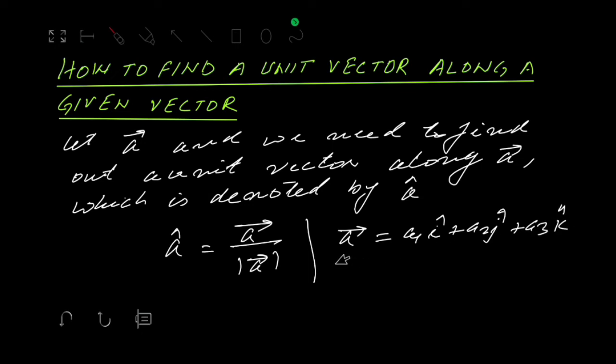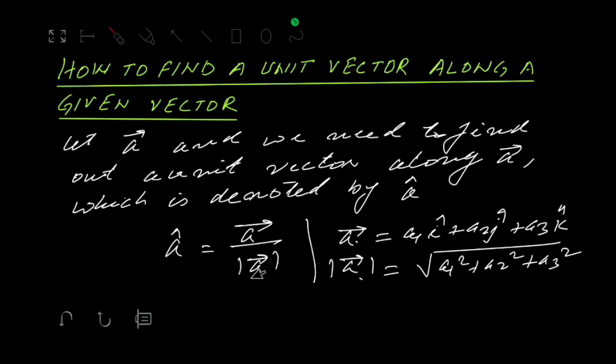As we know well, magnitude of vector A is equal to under root A1 square plus A2 square plus A3 square. This is called the magnitude of the vector, that is the length of the vector. If we divide A by its magnitude, this is equal to a unit vector along A, that is A cap.